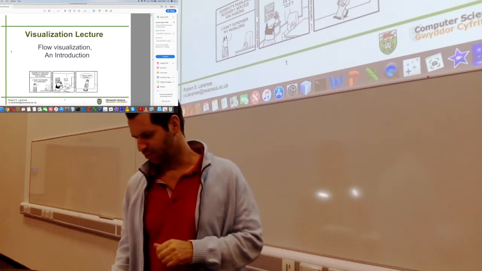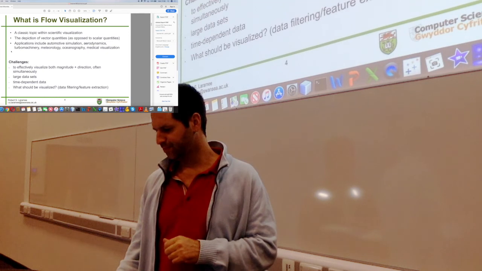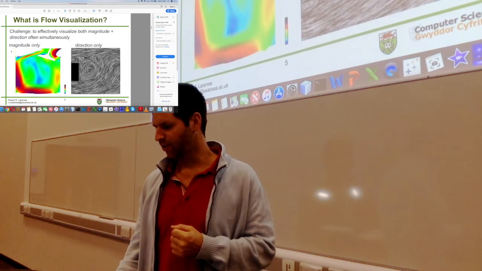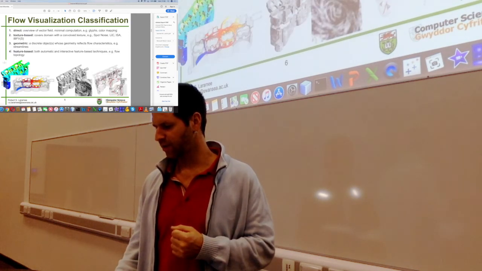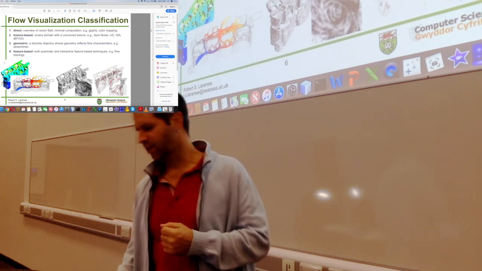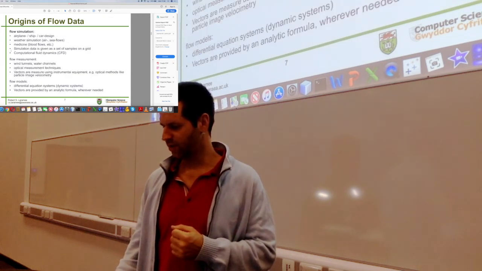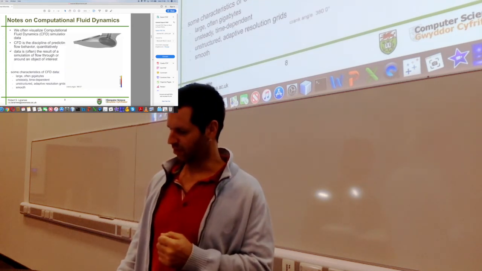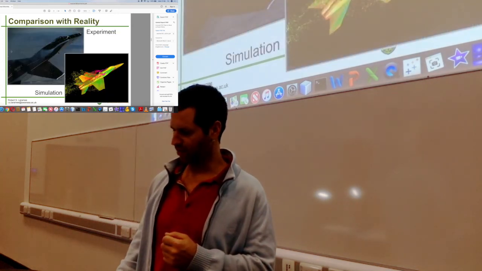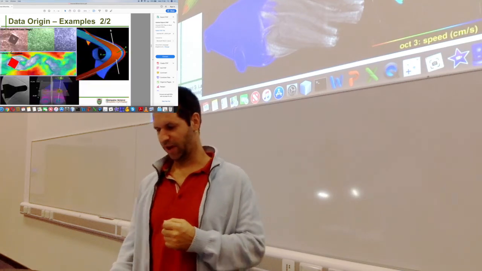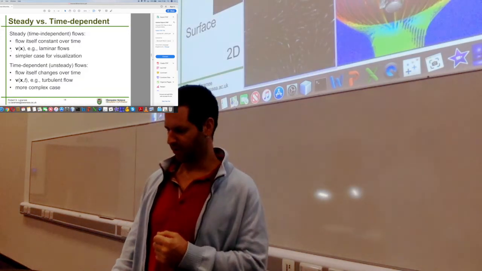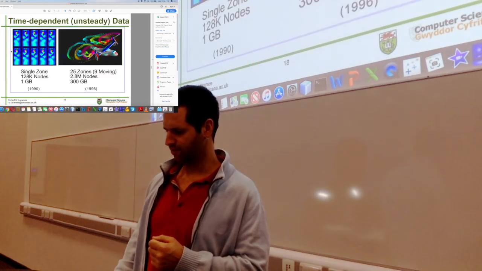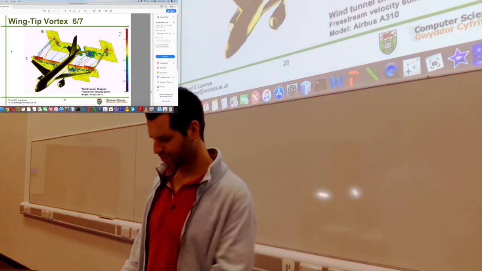This is just a preview, right? What is flow visualization? We're going to talk about that. Different sub-classifications inside FlowViz, where FlowViz data comes from, a little bit about computational fluid dynamics, simulation versus reality, and some other things, dimensionality, and so on. A little preview.